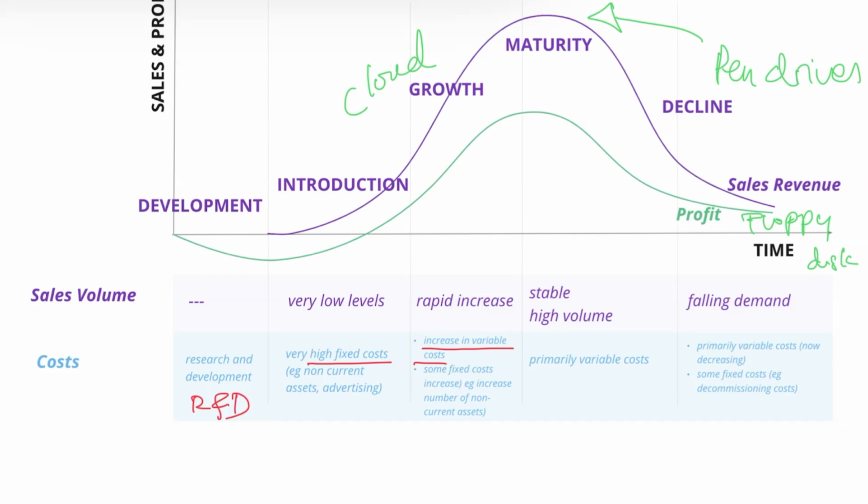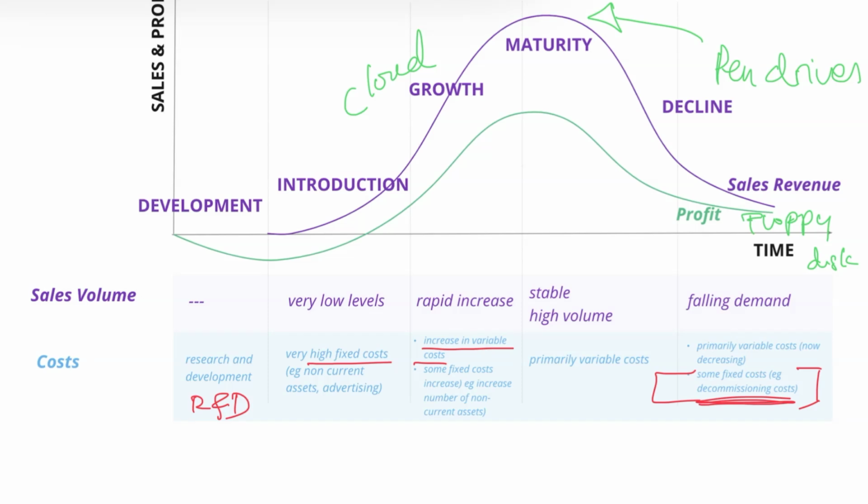Your main cost primarily is variable cost. Decline stage, your demand starts to fall. Again, your primary cost is variable cost. You might have some fixed cost. For an example, if you decide to stop manufacturing this product, this brand, you might have decommissioning cost, which you will have to incur. So that will be an aspect of cost.